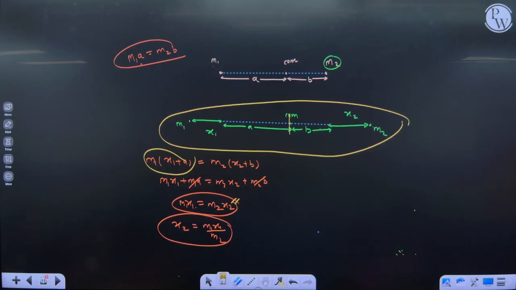Done? Only apply this equation m1 x1, whichever way you are remembering. If you are displacing x1, then x2 will be related like this.